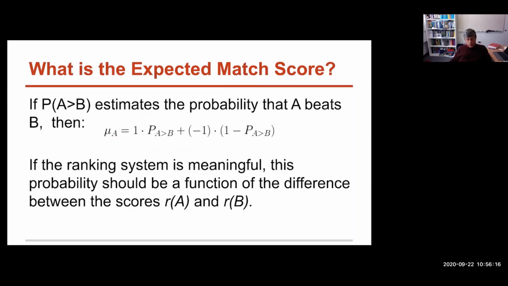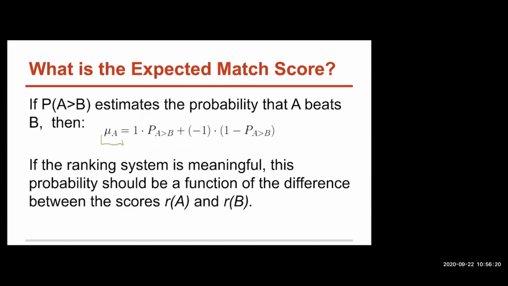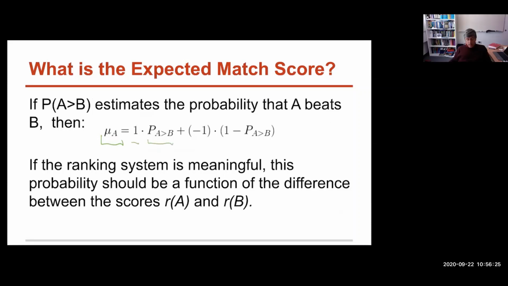So what are we going to say the expected value for me in a match should be? 1 times the probability that I beat you plus minus 1 times the probability you beat me, which is, I guess, 1 minus the probability I beat you. Okay?